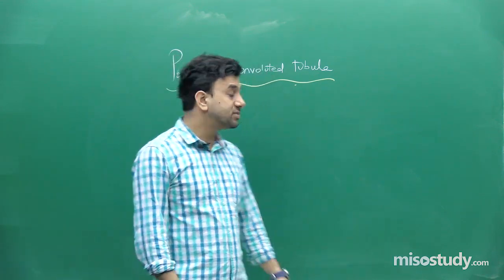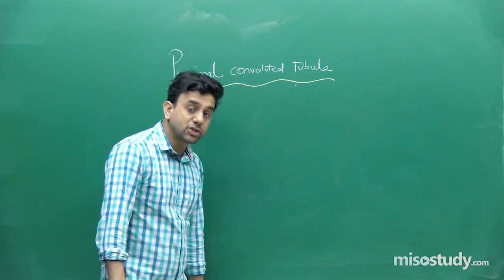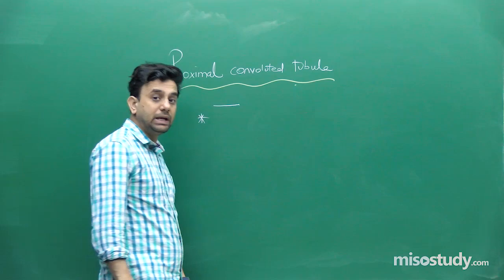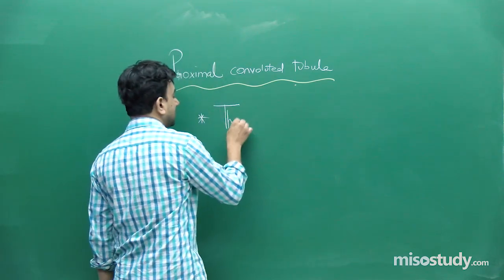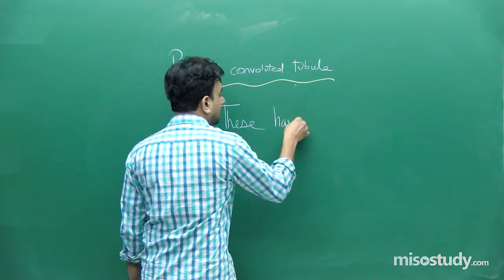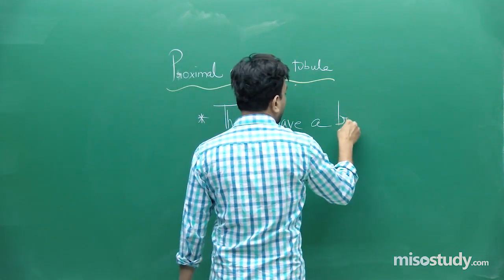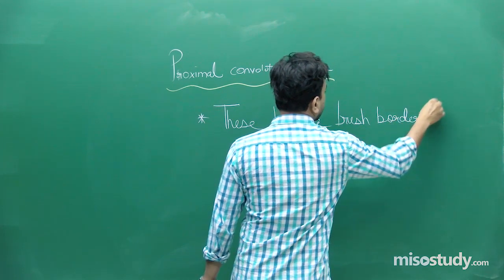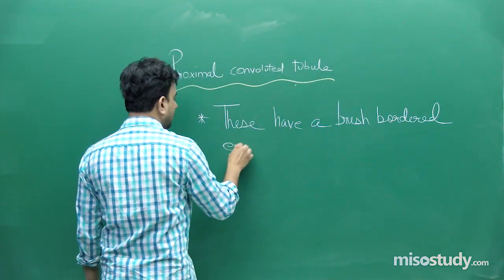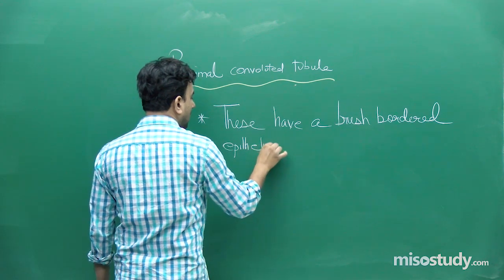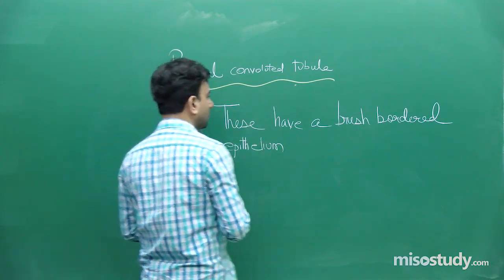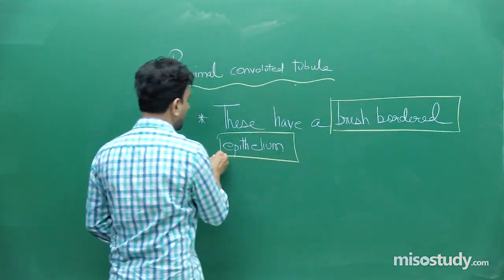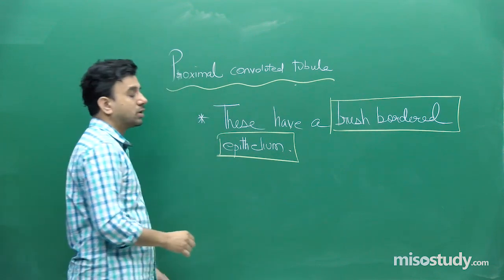Now we say that the proximal convoluted tubule has a brush bordered epithelium.